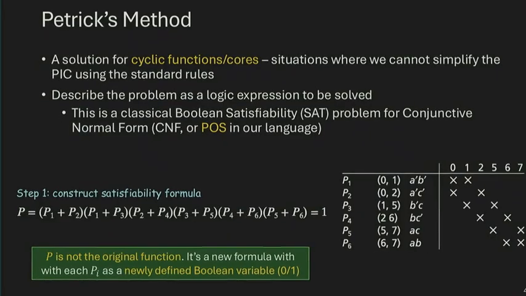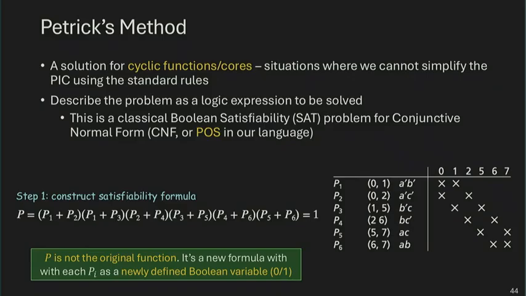So if you look at this equation on the left, that's a new equation based on these newly defined variables. And this is saying that in order for me to cover all the minterms, I need to use either implicant 1 or implicant 2 to cover the first minterm. Or I need to use implicant 1 or implicant 3 to cover minterm 1, and I need to use implicant 2 or 4, one of them, to cover minterm 2.